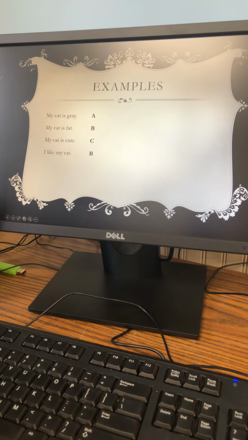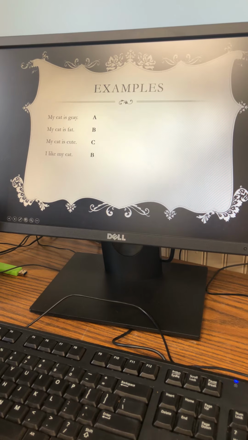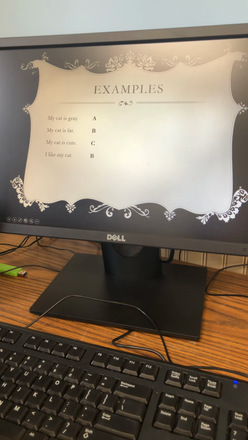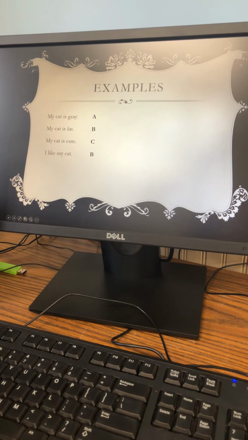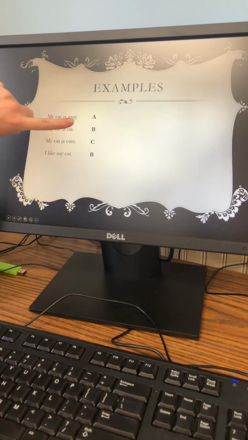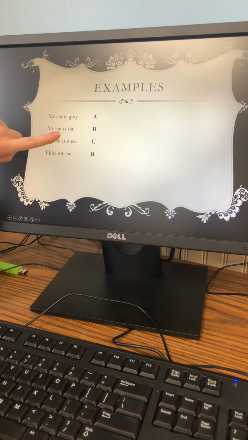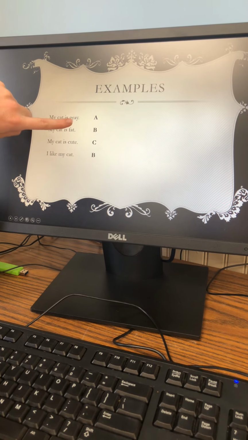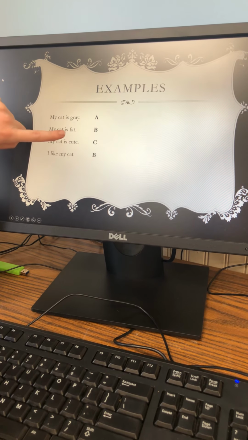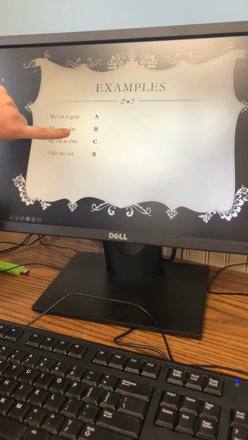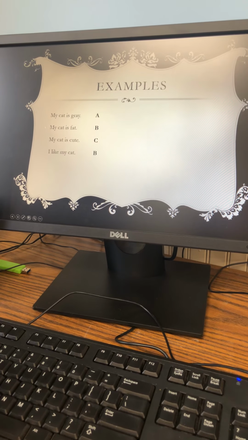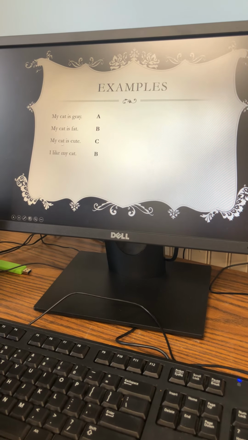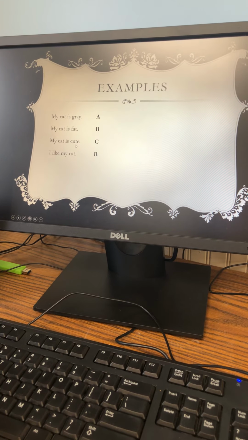Okay, another example, I just changed it up a little bit. My cat is gray, my cat is fat, my cat is cute, I like my cat. So your first line always gets the A. The last word of your first line is gray. The last word of your second line is fat. Fat does not rhyme with gray, so you give it the next letter in the alphabet, which is B. Your third line ends with cute.